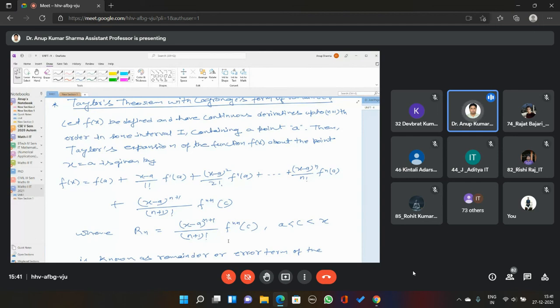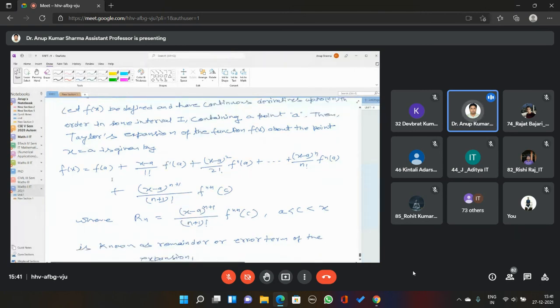So here we have written the Taylor's expansion of a function around the point x equal to a. When we say a function is continuously differentiable, it is also continuously differentiable in the neighborhood of a.